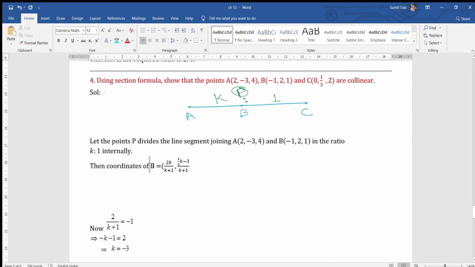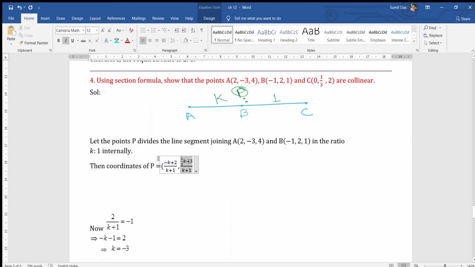So what will be the coordinate of P? Not B, coordinate of P. Coordinate of P will be k into minus 1, because k x2, so x2 is minus, plus x1, divided by k plus 1.